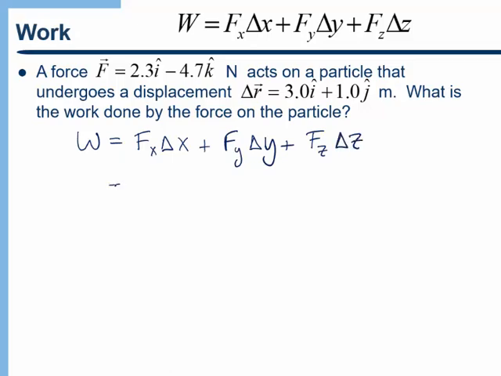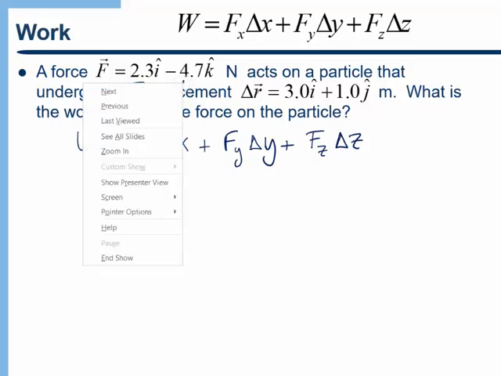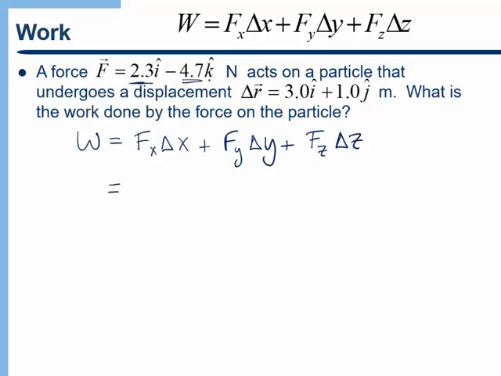Now, the reason I mentioned reading the problem carefully here is you'll notice that the force only has an x and a z component, and the displacement only has an x and a y component. So we've got to pay attention to that i, j, k. Remember, i, j, k is x, y, z. So the x component of the force is 2.3.